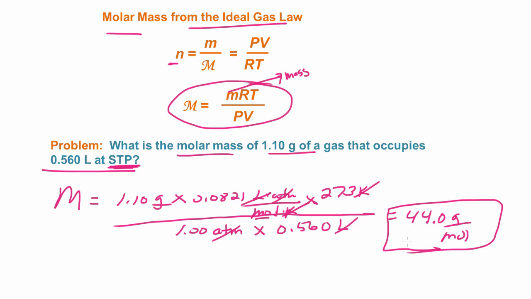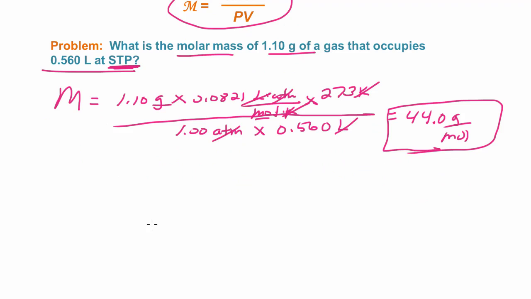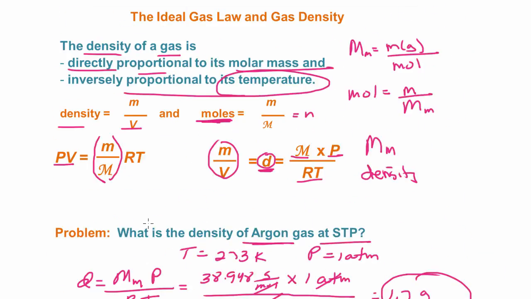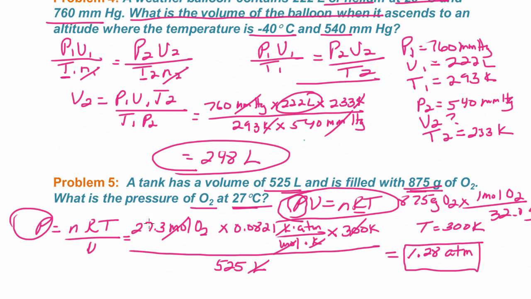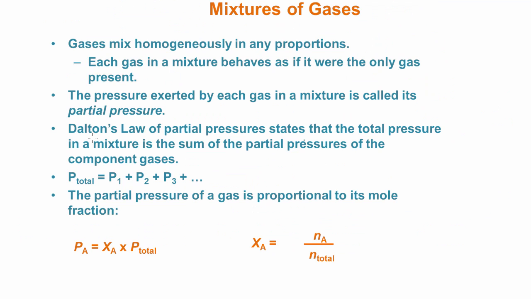These calculations could help us identify a particular gas. Of course, we would use other methods as well, but this would help us identify an unknown gas in the lab. What we're going to do now is look at mixtures of gases.